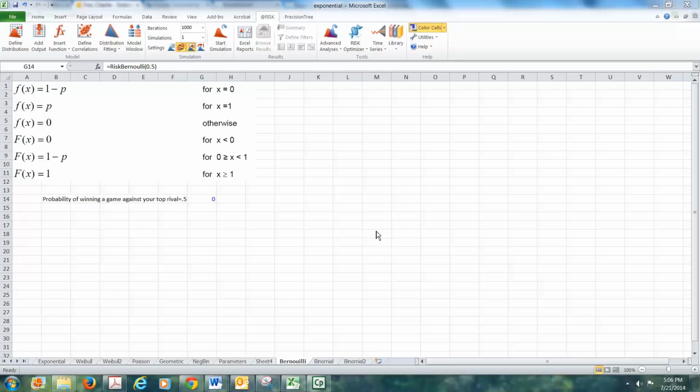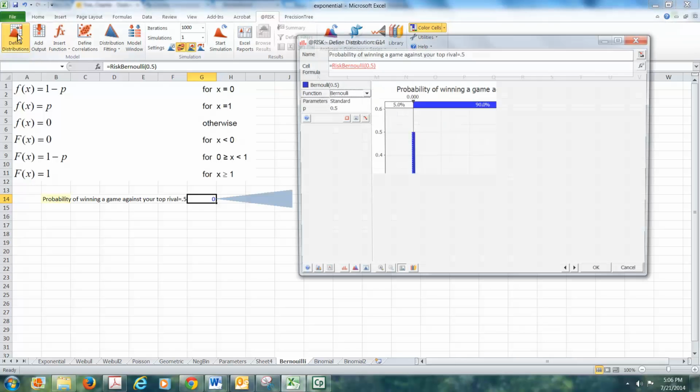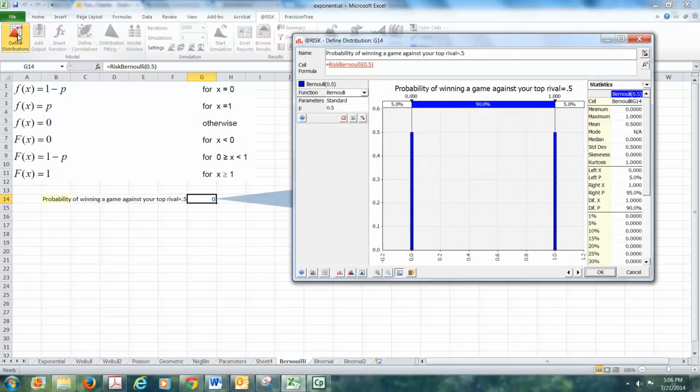The Bernoulli distribution is very useful for modeling a risk event that may or may not occur. So let's consider an example here. In particular, the probability of winning a game against your top rival is 50%. You're evenly matched. So here is a Bernoulli distribution.